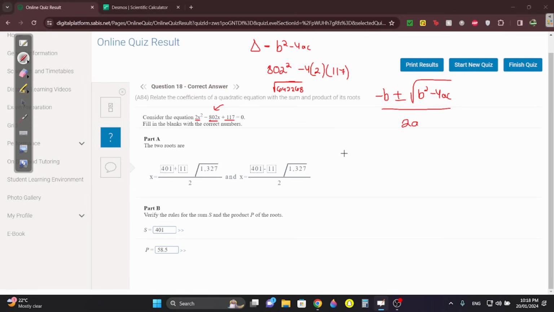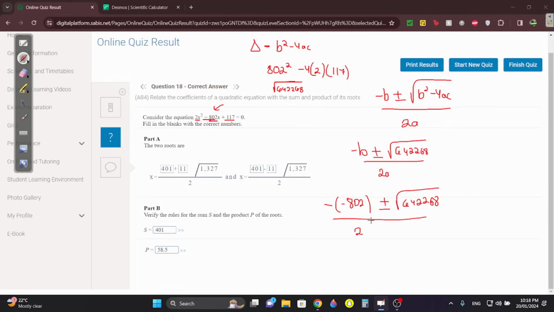Okay, so it will be minus b plus minus radical 642268 over 2a. Now let's start simplifying. It will be minus b, so minus 802 plus minus radical 642268 over 2a. 2 times a, which is 2, so you get 4.